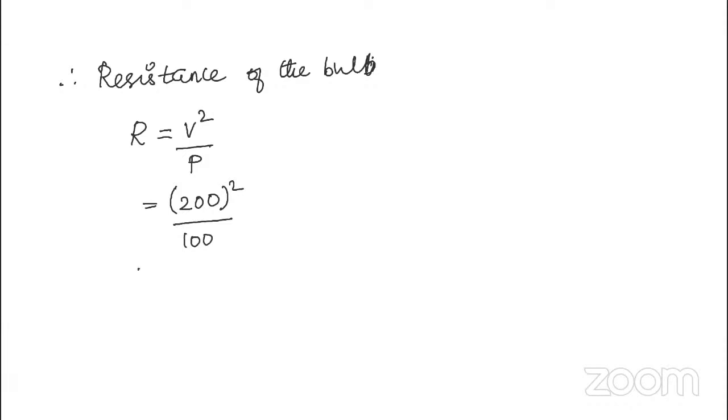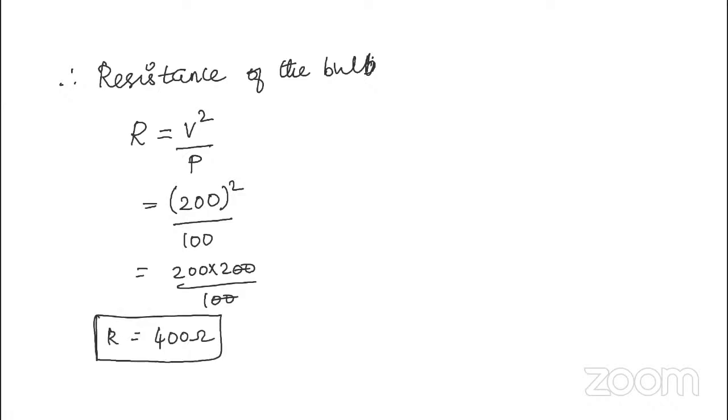So it is 200 into 200 divided by 100. The value of R is 400 ohms.